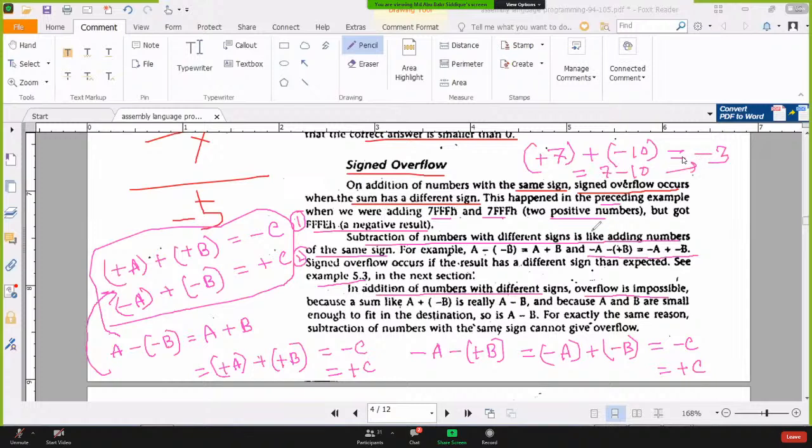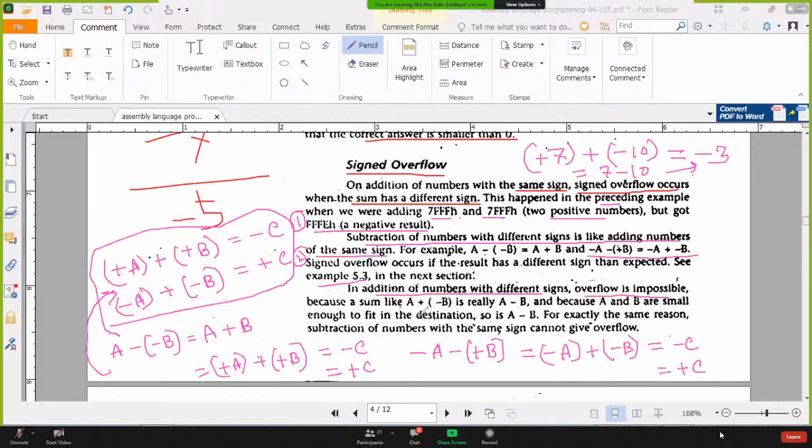That is the result. So as 7 and 10 already fit in the destination, overflow is impossible, because the result is always less, and that would also fit in the destination or source, whatever you say.